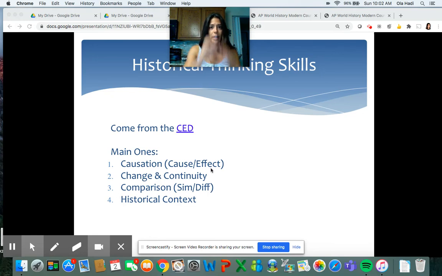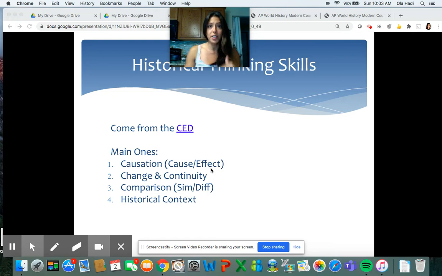Now comparison. We want to stay away from comparing people, because on the AP tests you're going to be writing essays where you're comparing big things like big economic systems or big religious belief systems. Mostly we want you comparing regions, not continents, not places, regions. So we really need to go back to your geography PowerPoint and know the regions.